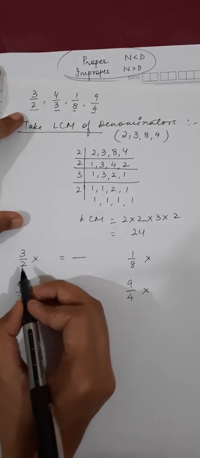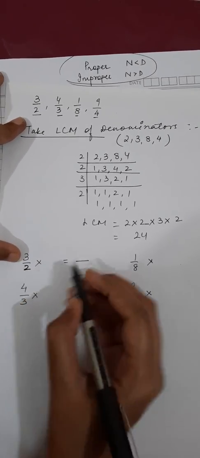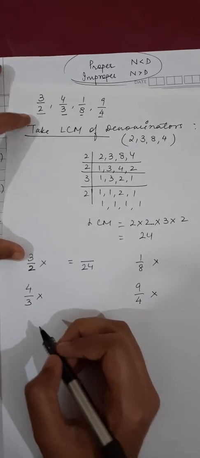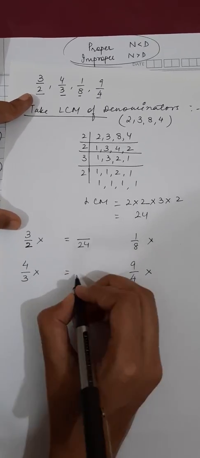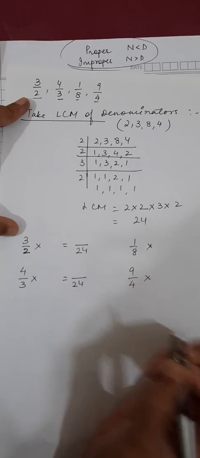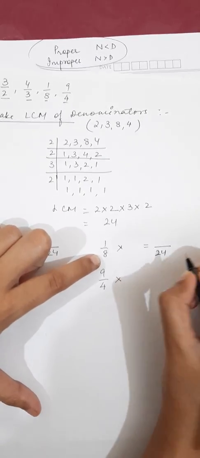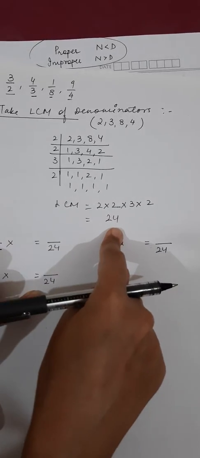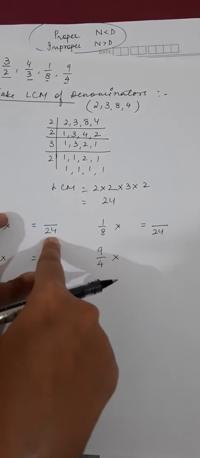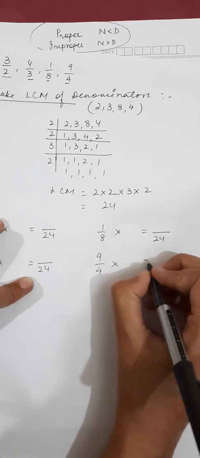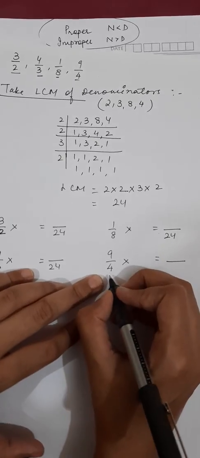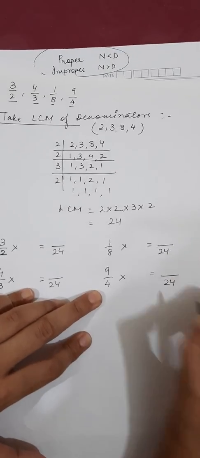So if here 3 upon 2 is there, this 2 I have to change to 24. If here is 4 upon 3, I have to change this 3 to 24. If here is 8, I have to change this 8 to 24. Why 24? Because our LCM is 24, and whatever is the LCM, that only we are going to make the denominator. Next, if here is 4, I have to make this 4 as 24.